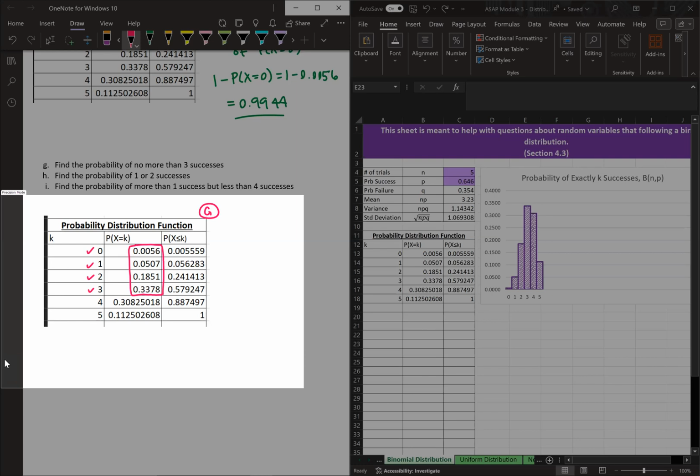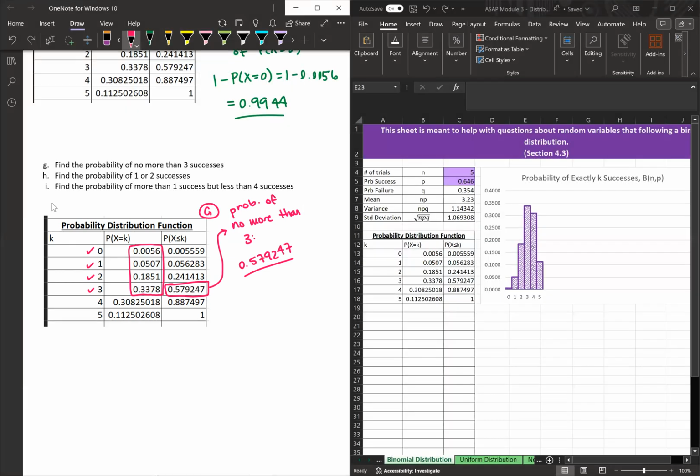But what I know is that if I add up these 4, it's the same as this number here. And that's your answer. Yay. All right, so there's G.